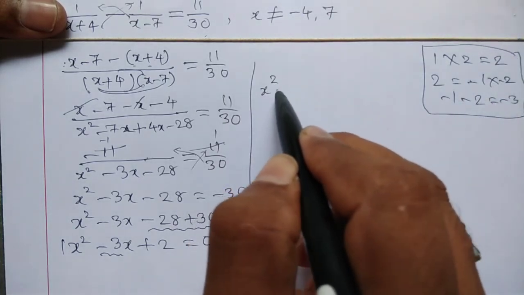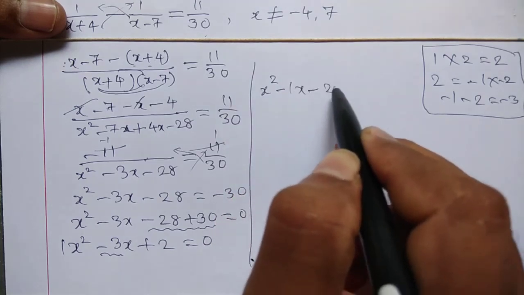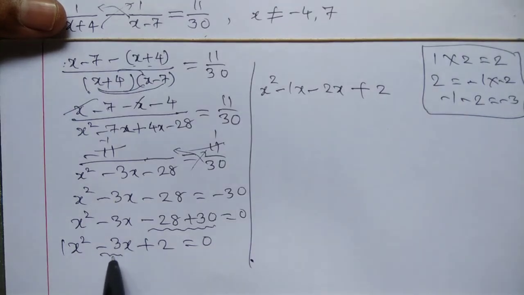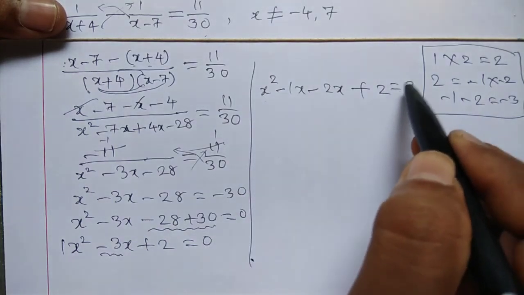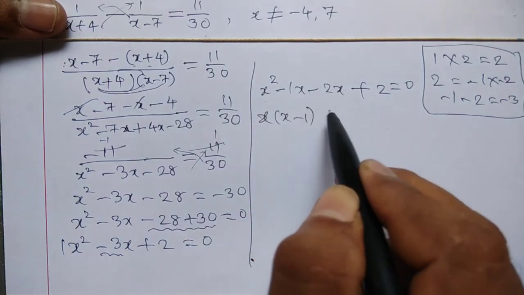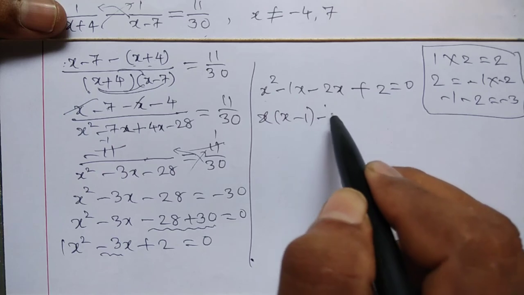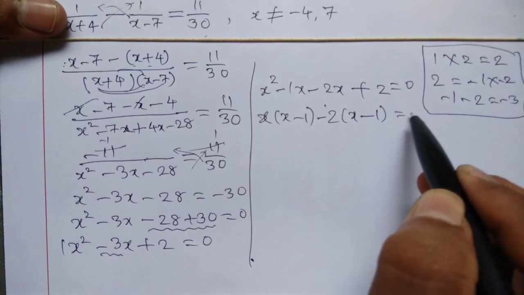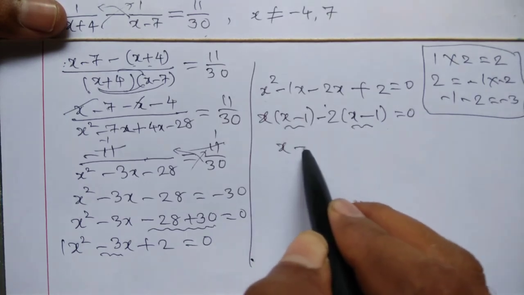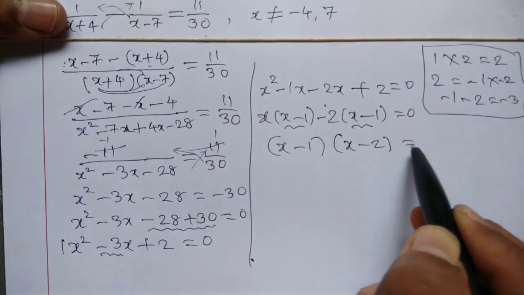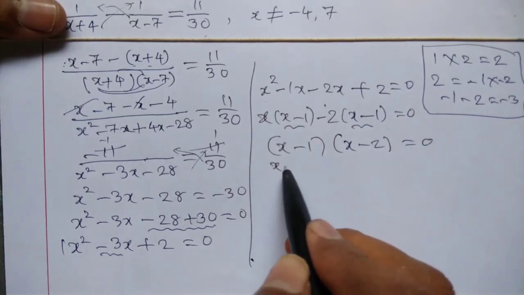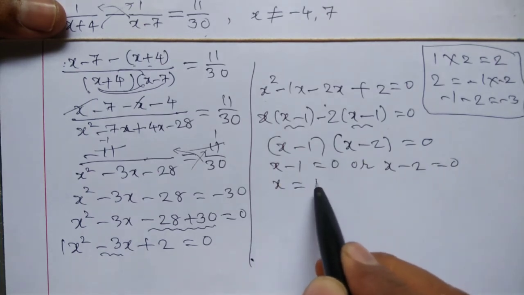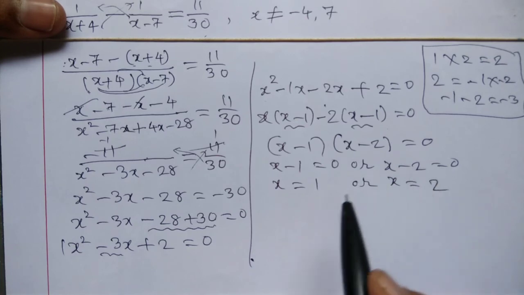So x square minus 1x minus 2x plus 2, we split this middle term, is equal to 0. x is common, x minus 1, and here minus 2 is common, x minus 1 is equal to 0. x minus 1 again common, x minus 2 is equal to 0. x minus 1 is equal to 0 or x minus 2 is equal to 0. x is equal to 1 or x is equal to 2.